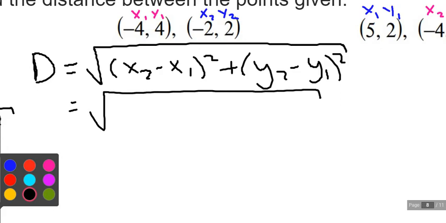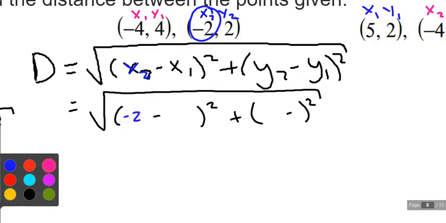Okay, so we need x2. x2 is right here, and building in our structure, x2 is going to be -2. Subtract x1, so subtract a -4. y2 is going to be 2.